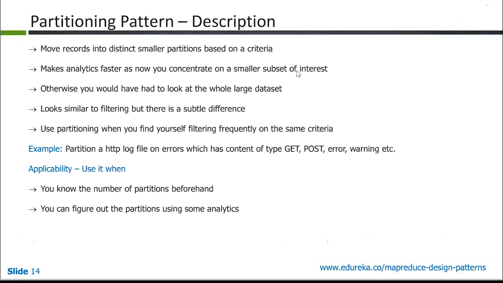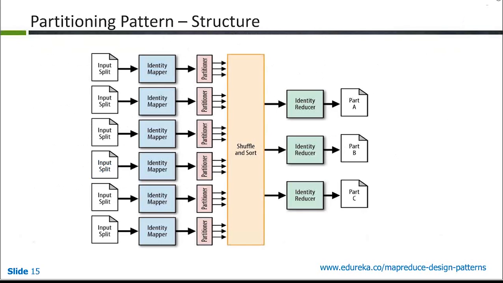To apply this pattern, you will need to know beforehand the number of partitions that you want to create in your data. Here is a structure. You have the input splits, and the main crux of this pattern is the partitioner that you will write.